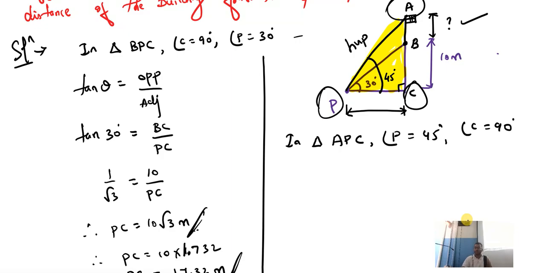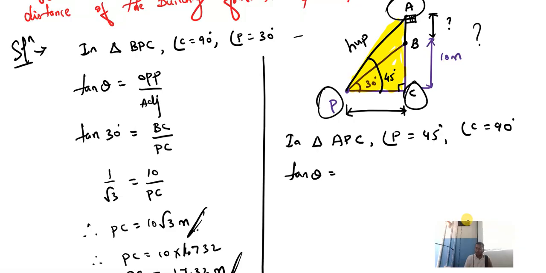Again here also we have to consider what we have to consider now. Which side do we know? At least some information. We have to find the opposite, and we know the adjacent. Just now we found PC. So again, shall we use tan theta here?